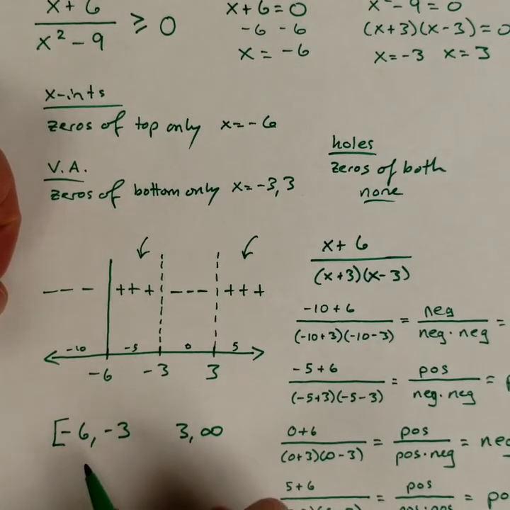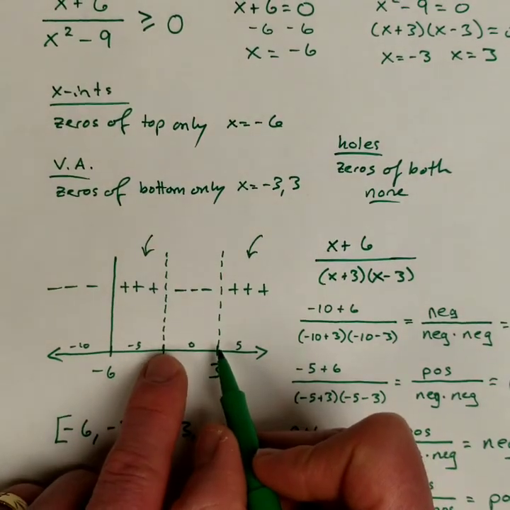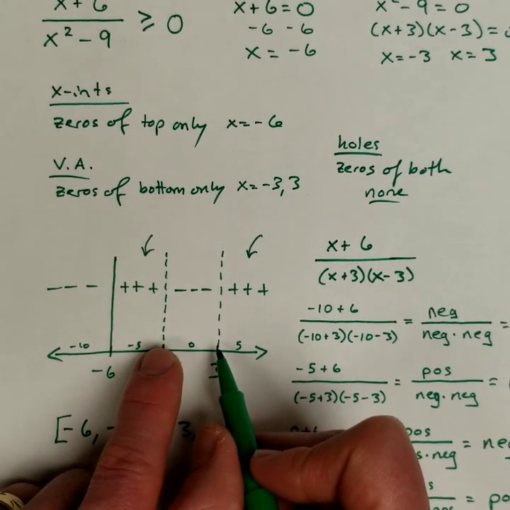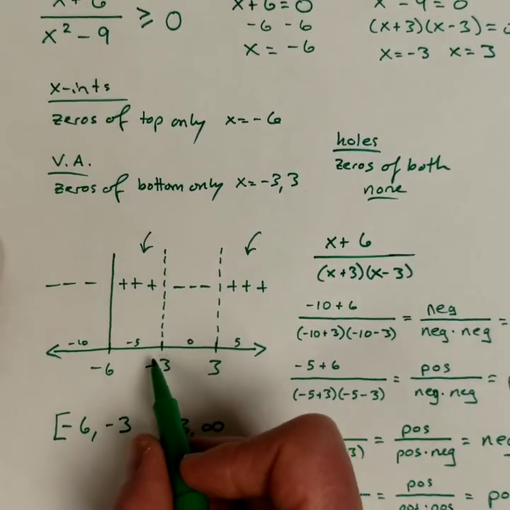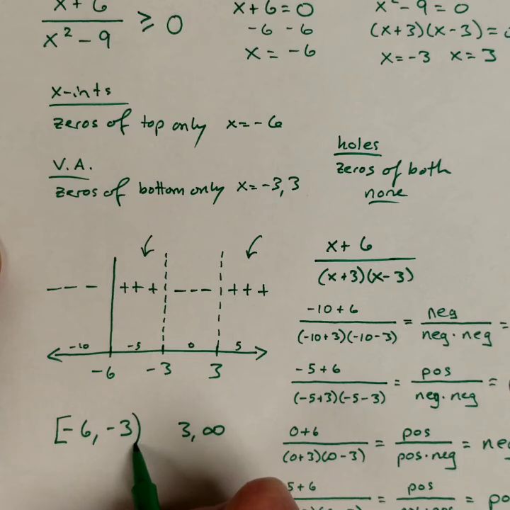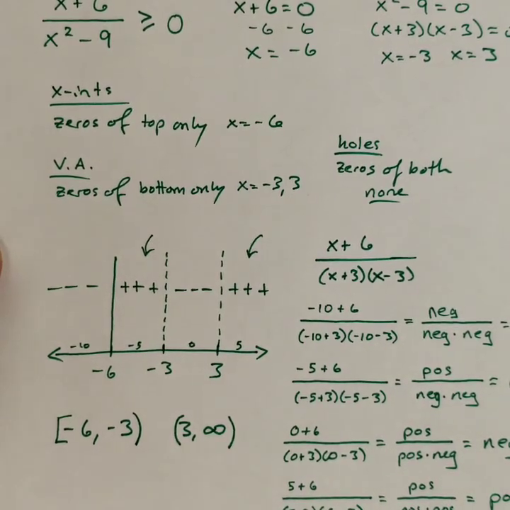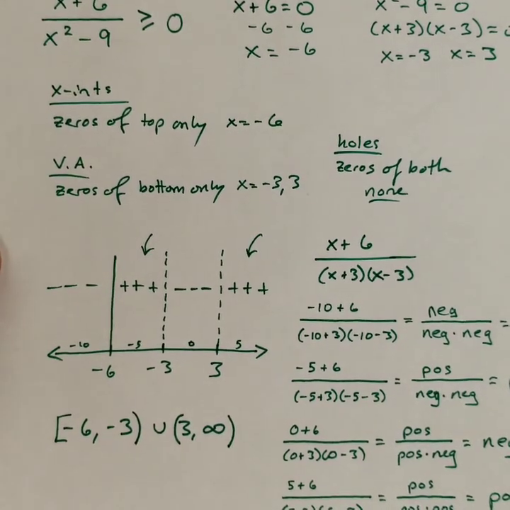But that's the only time it's equal to 0. At the asymptotes, the graph is not equal to 0. In fact, the graph doesn't even have a point there. So we can't include the asymptotes in the answer, ever. So asymptotes will always get a parenthesis, just like infinity also always gets a parenthesis. And then we'll write the union in between.